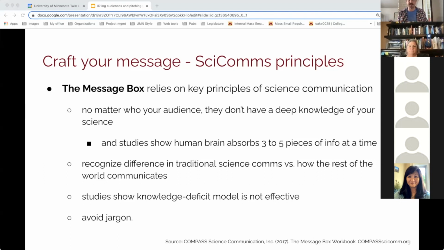Third, studies have found that simply explaining new knowledge to people or buying into a knowledge deficit model isn't an effective way to win hearts and minds. Rather, the average person intakes new information through the lens of their own values and cultural identities, and might reject information that threatens those things.